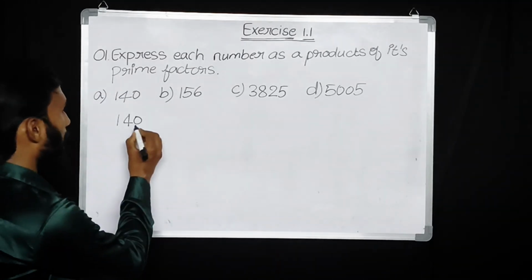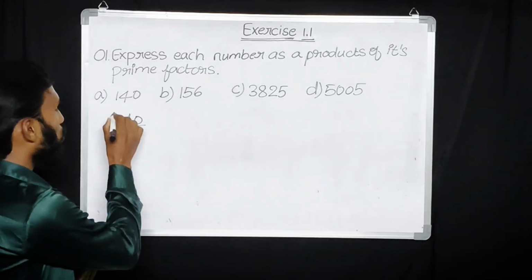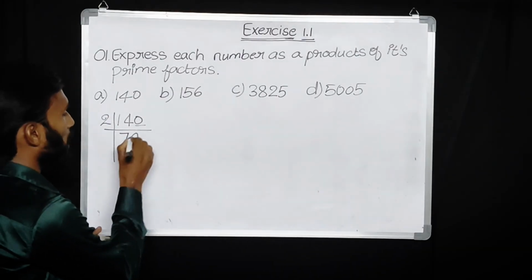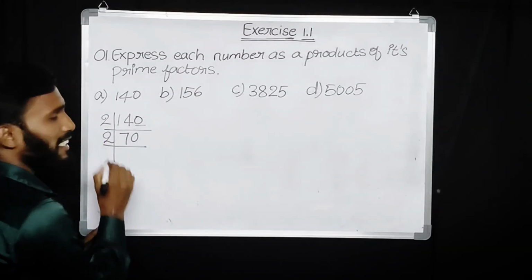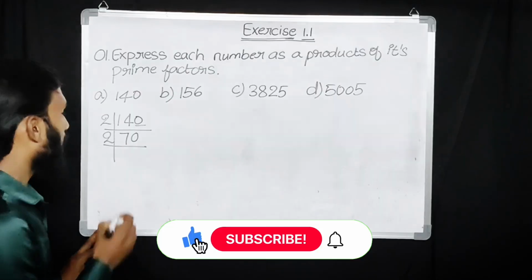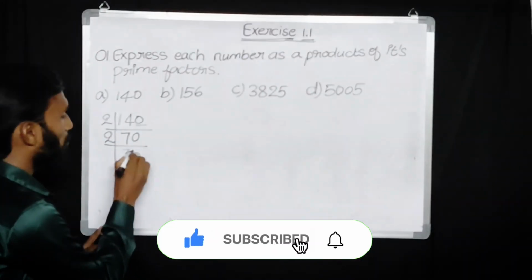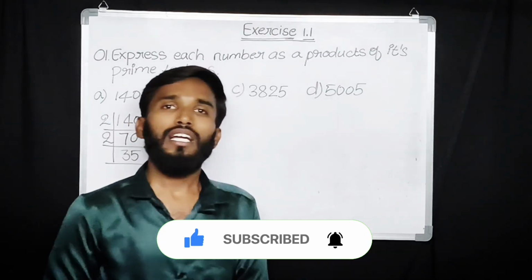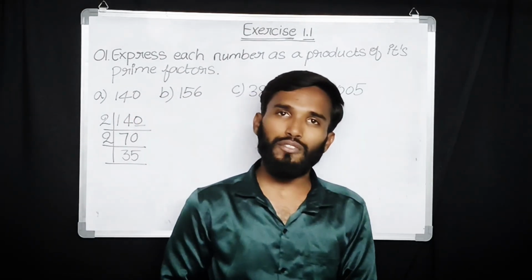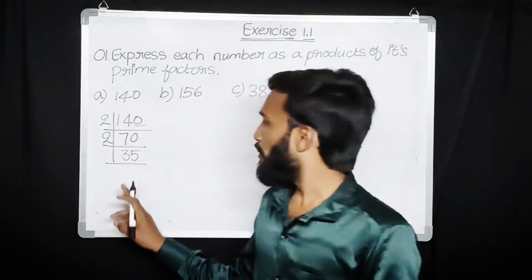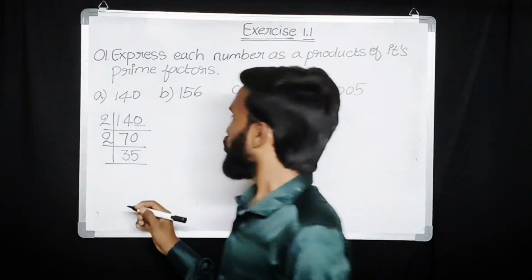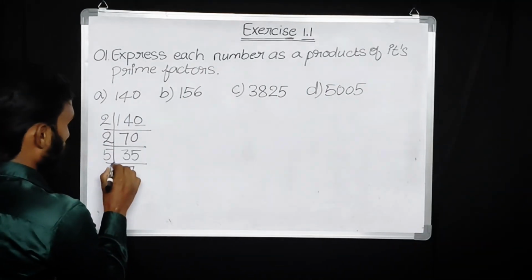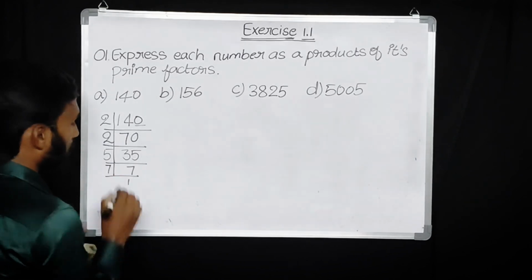Here the last digit is even, so 140 is divisible by 2: 2 times 70 is 140. Again the last digit is 0, which is even, so 2 times 35 is 70. Now if the last digit is 5 or 0, the number must be divisible by 5. Here the last digit is 5, so in the 5 table, 5 times 7 is 35.